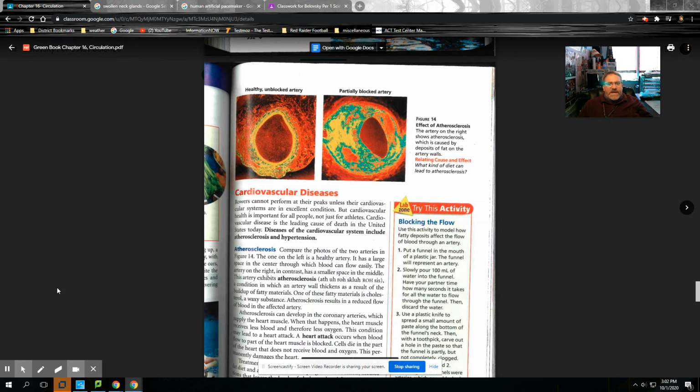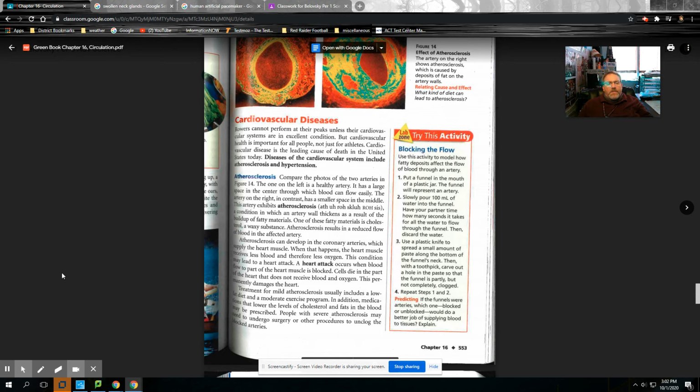One of the diseases that you can have for your cardiovascular system, not necessarily that you catch, you do it to yourself, is atherosclerosis. So number 31 on your sheet is atherosclerosis.